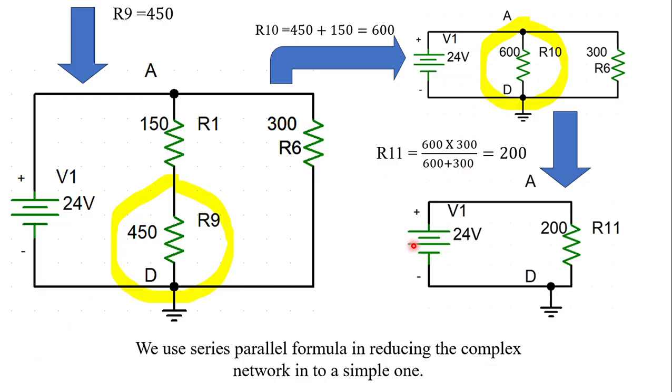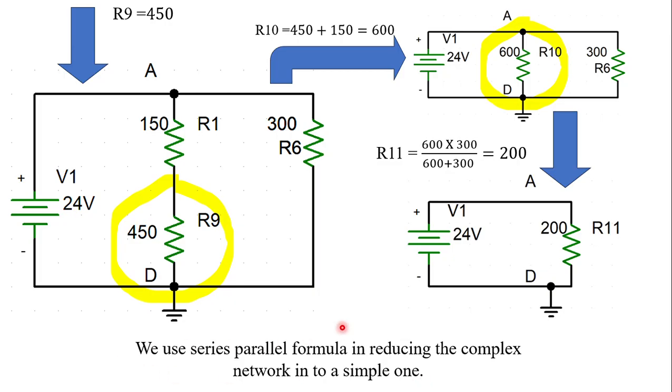So what I have done here is I have reduced the big circuit, which used to look very complicated, into a single-valued resistor whose value is 200 ohms. So we use the series-parallel formula in reducing complex networks into a simple one.